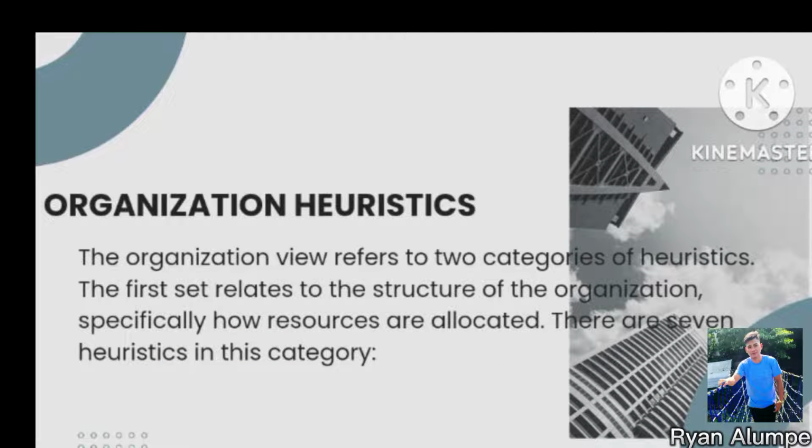Organization heuristics. The organization view refers to 2 categories of heuristics. The first set relates to the structure of the organization, specifically how resources are allocated. There are 7 heuristics in this category.